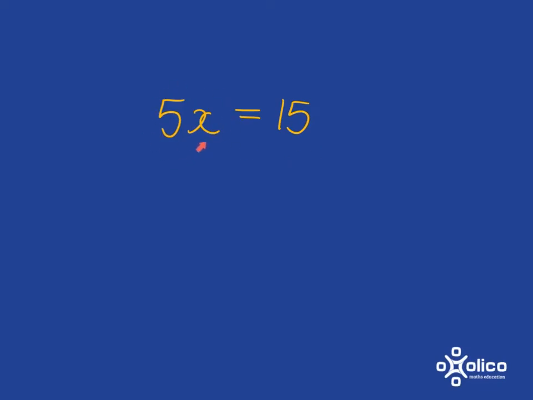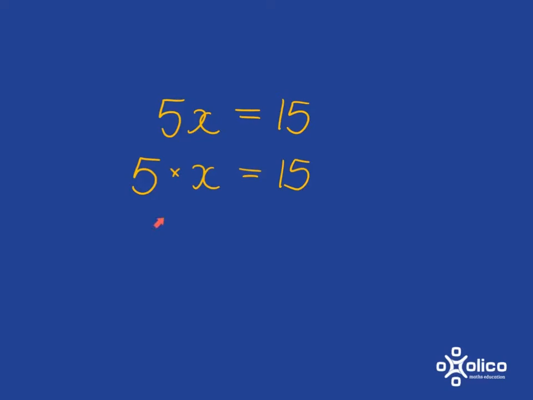Well, first we need to focus on the 5x and remember that in algebra, when we have 5x, what we mean is 5 multiplied by x. So what is this equation saying? It's saying if we take a number and multiply it by 5, it'll be equal to 15.